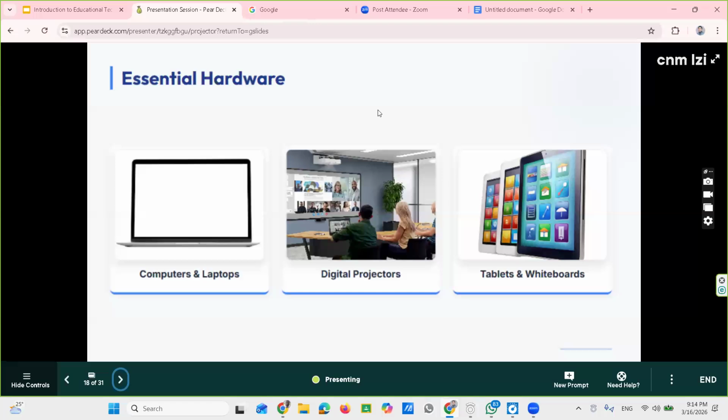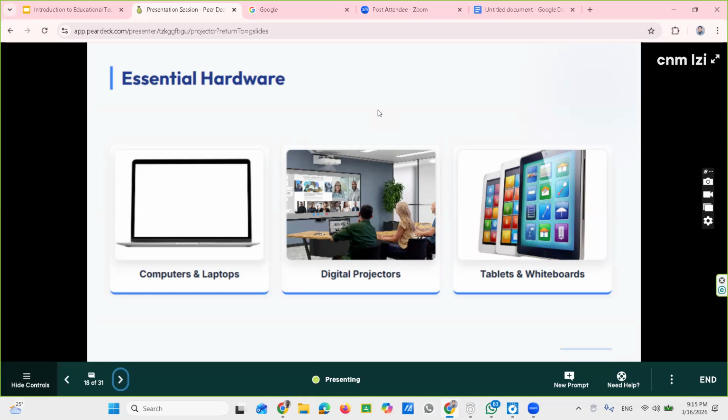Computers and laptops, digital projectors. Digital projector is one of the popular hardware devices. Normally, it's popularly known as a multimedia projector. Right? You can use a multimedia projector to enlarge your computer screen. Because of this, all students in the classroom can see your screen.